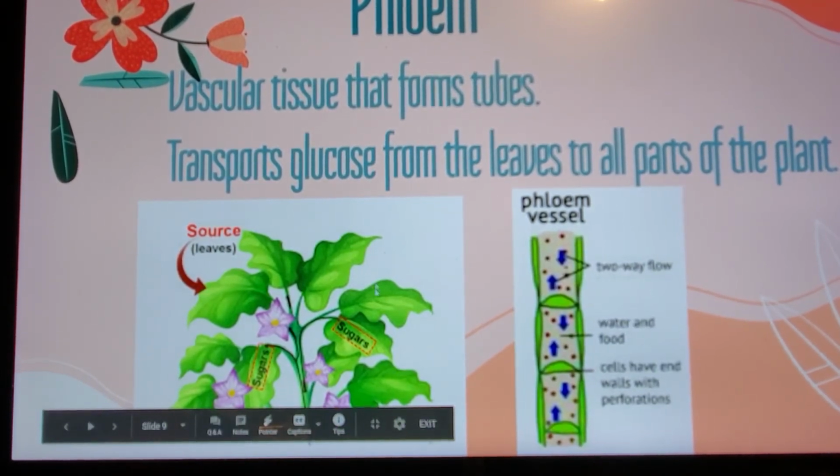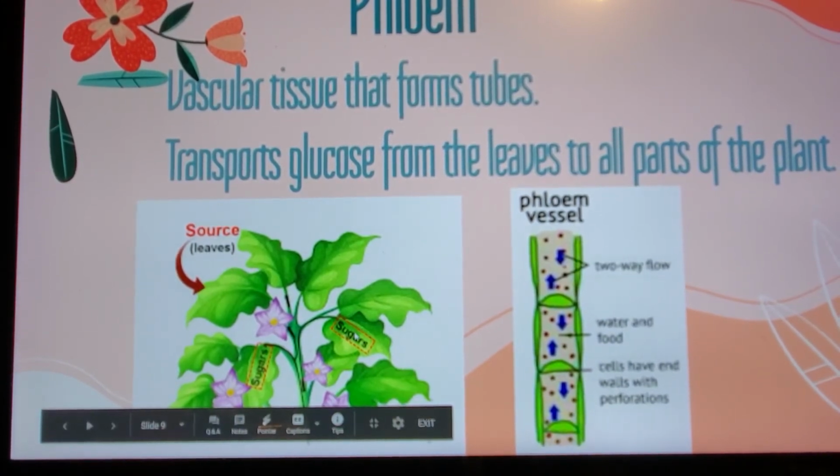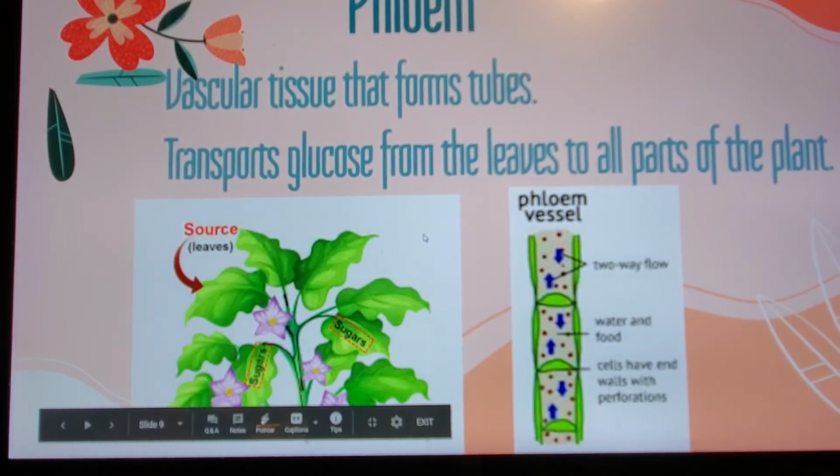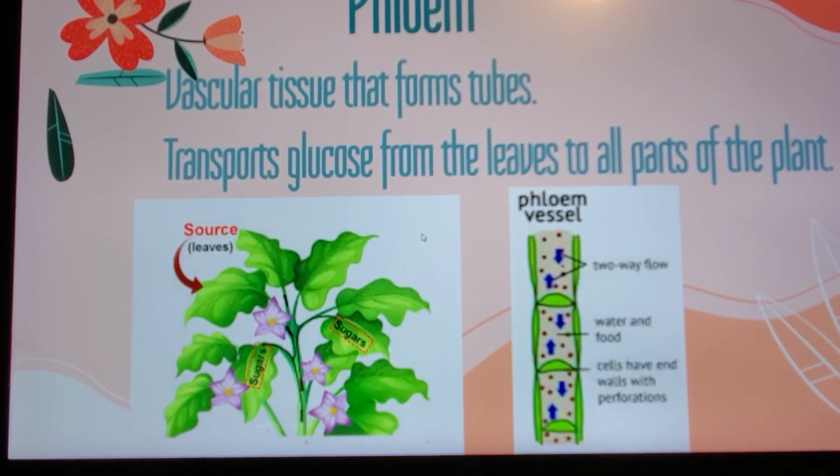So remember, during photosynthesis, the sugars, the glucose, is made here. But if we need glucose down here, it's going to send a signal: we need it from that leaf, we need it to go down the stem, or we need it to go to the root because we're making more roots and we need energy down there.